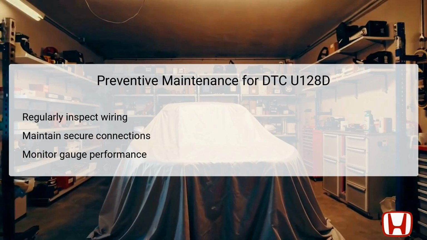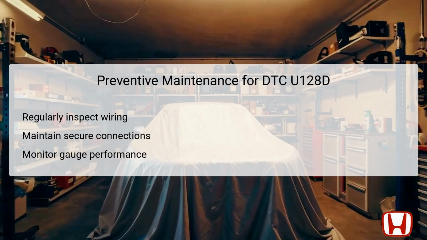To prevent the future occurrence of DTC U128D, regular maintenance practices focusing on the vehicle's wiring and electrical components are crucial. This should include periodic inspections of wiring harnesses to ensure they remain in good condition, free from corrosion, and not subjected to wear and tear due to environmental factors. It is also critical to maintain secure connections, as loosely connected components can lead to communication failures.